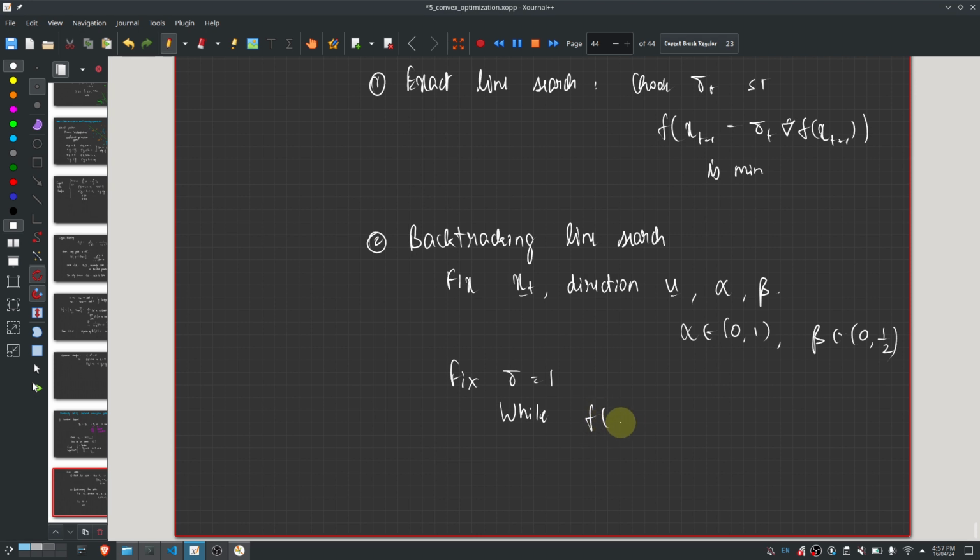You check the value of f of xt plus delta times u. If this is greater than f of xt plus beta times delta times the gradient of f at xt times u, you set delta equal to alpha times delta.